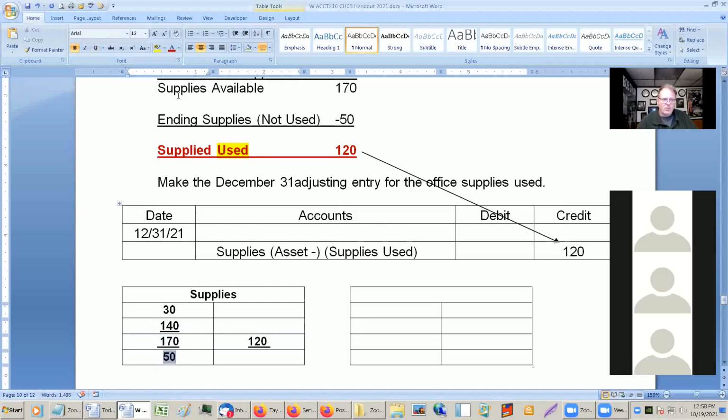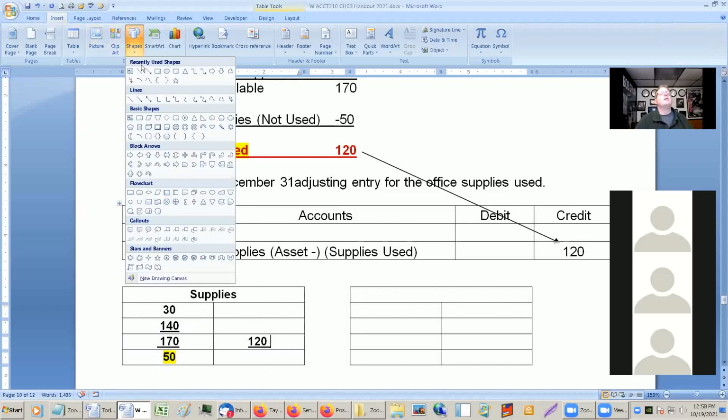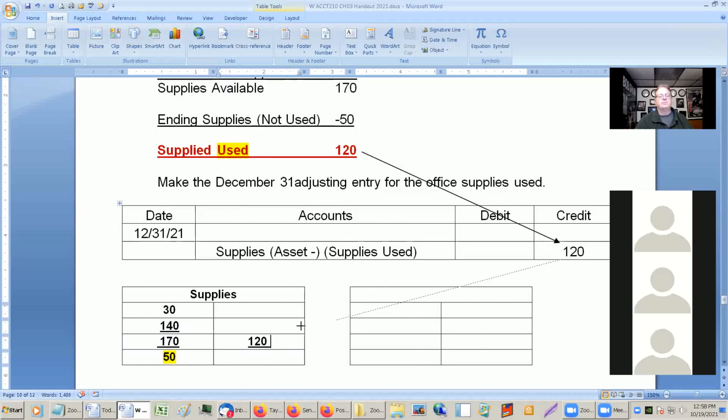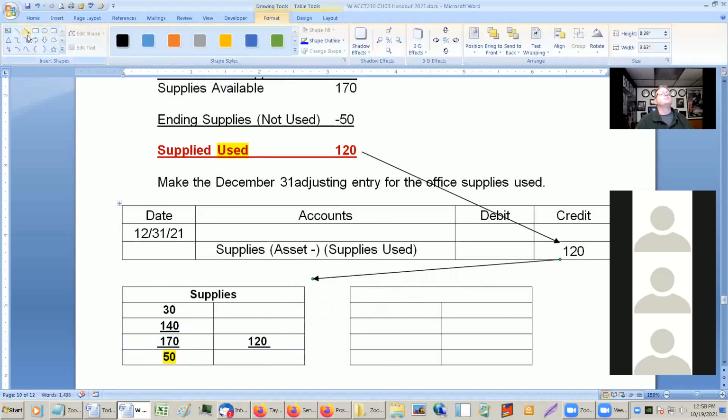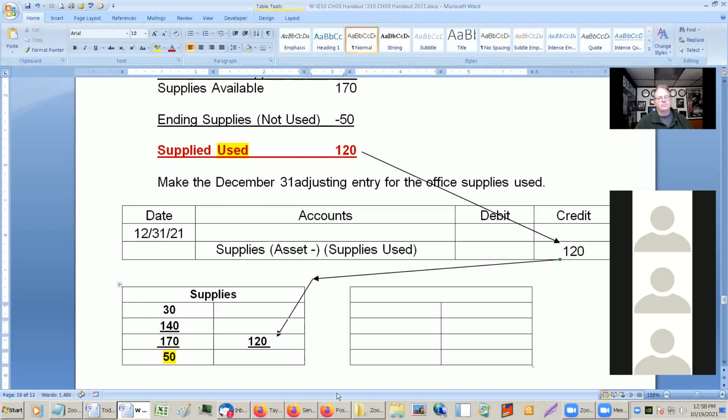Now, again, we don't put that one in. It's just, once you take this 120 out, it's whatever's left over. So the journal entry is going to be for the 120.